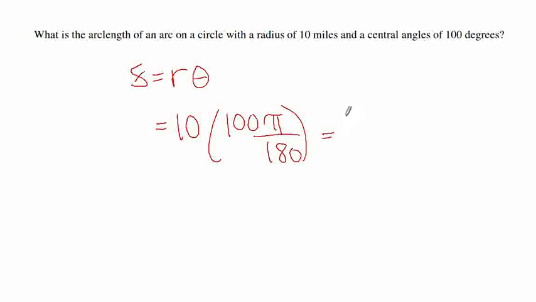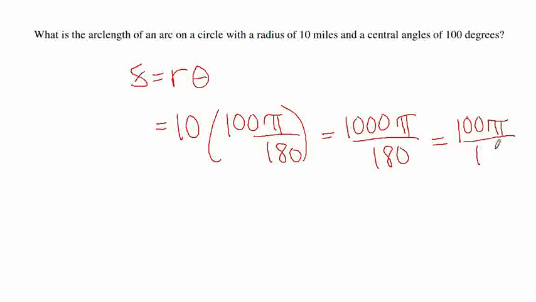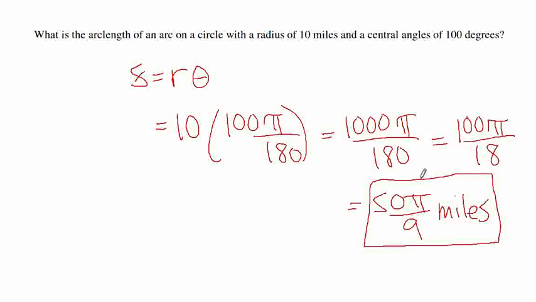So this is going to be 1,000 pi over 180, or 100 pi over 18, or 50 pi over 9. I don't think I could do anything else besides that. So 50 pi over 9 miles is my final answer. And I hope that was your final answer as well.